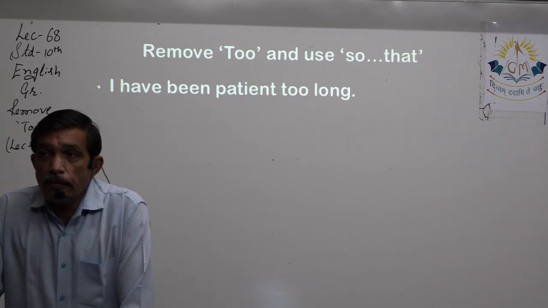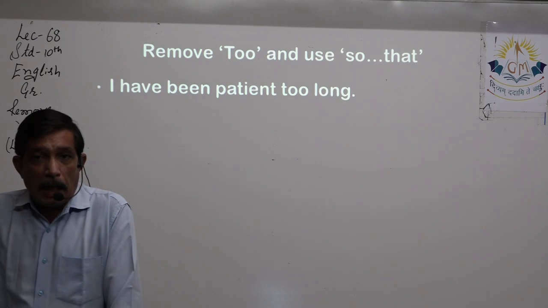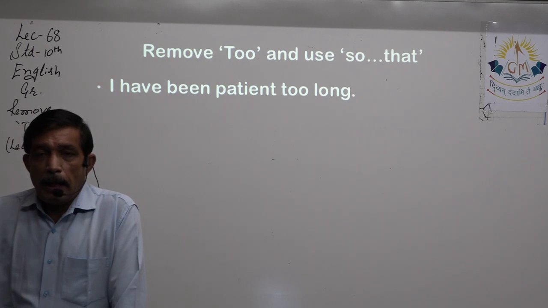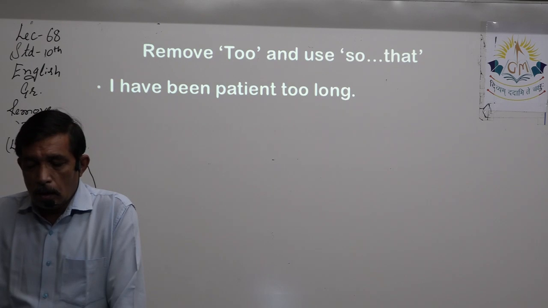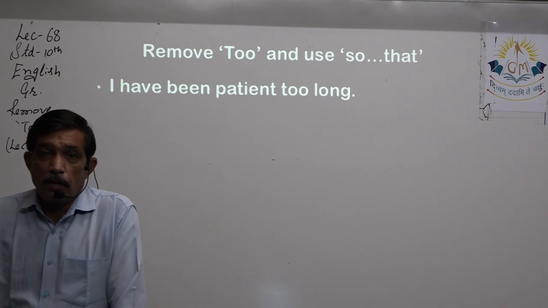Time interval is there. There can be use of antonym. Yes. So "I have been patient too long." That means I have been patient so long that... Now we don't have anything to complete it, right?